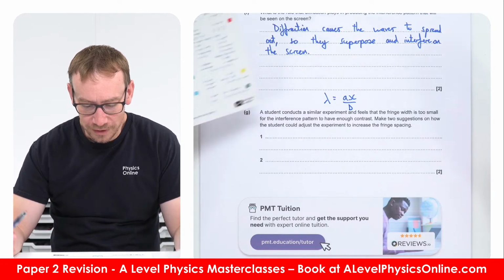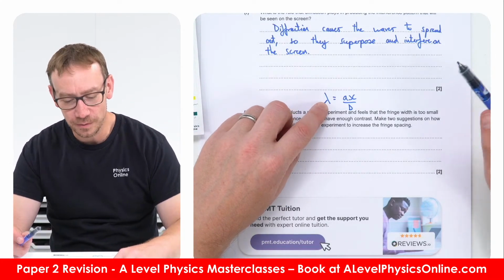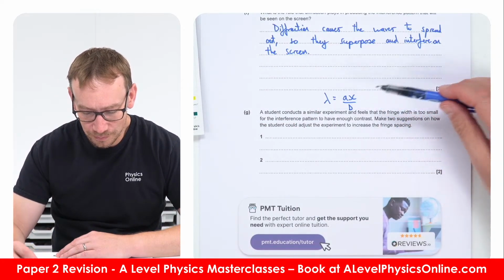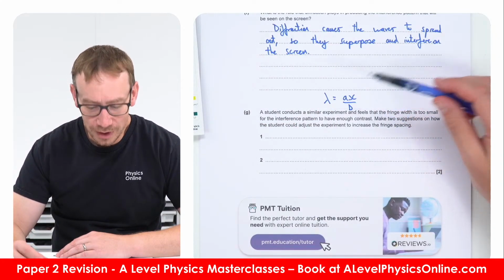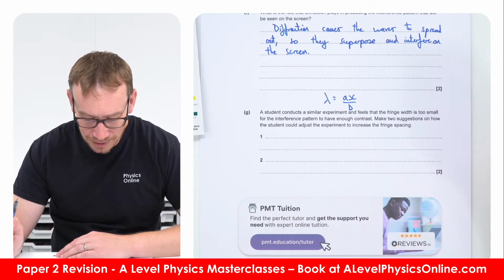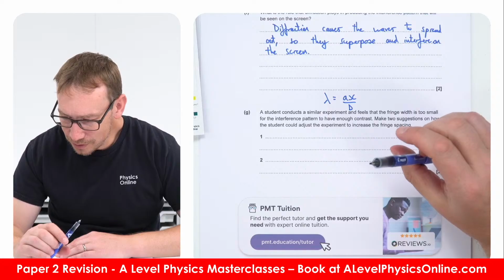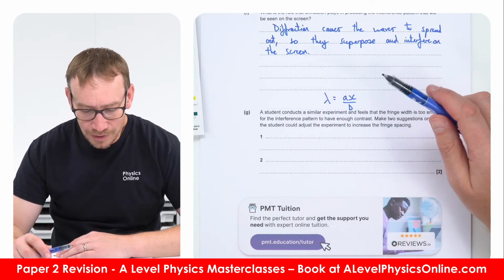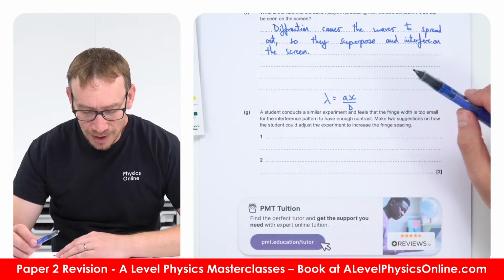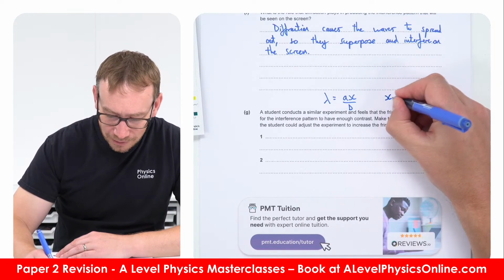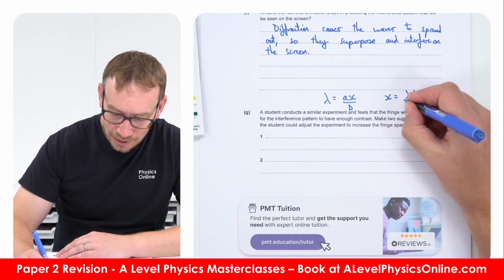So if we've got the same fixed value of wavelength, then if we want to make x bigger, x is equal to lambda D over a.